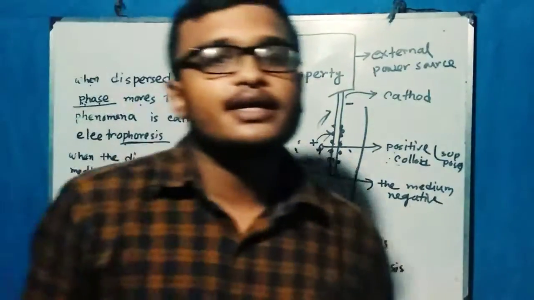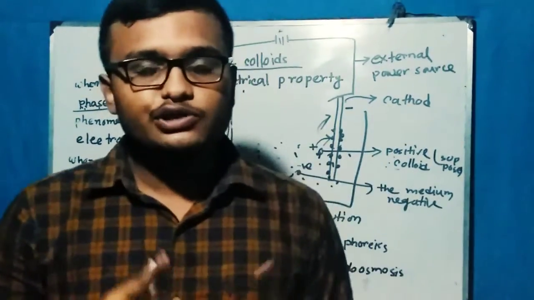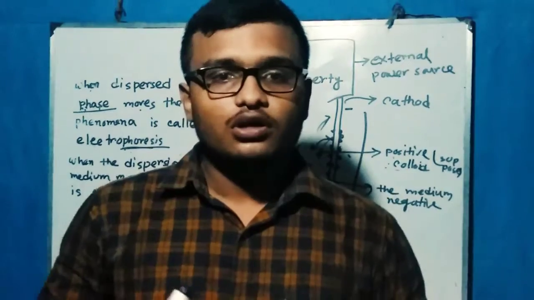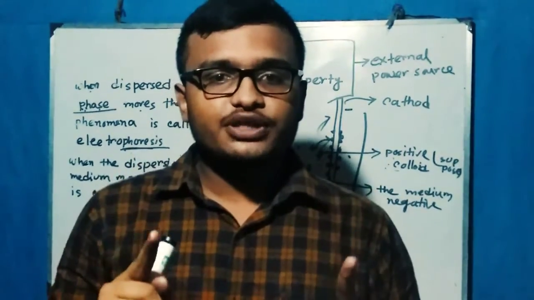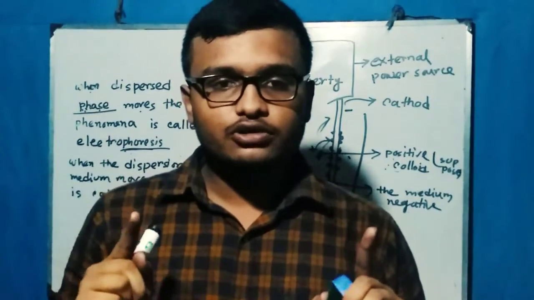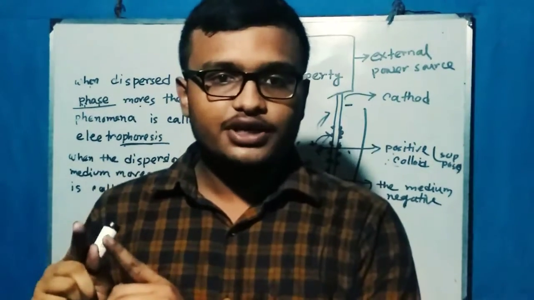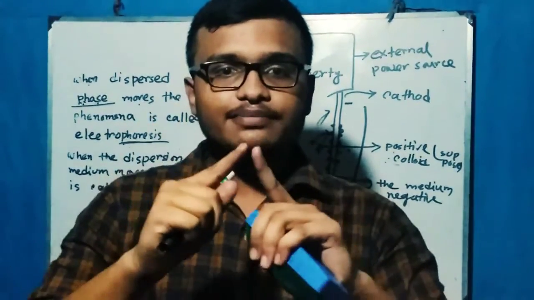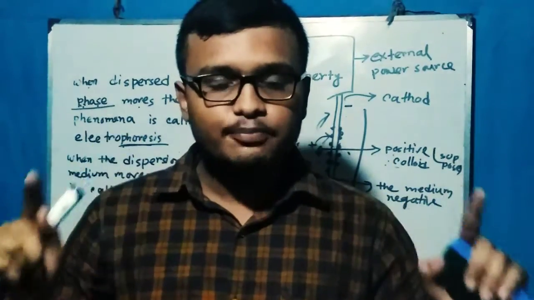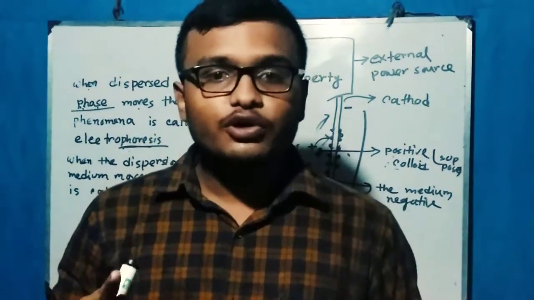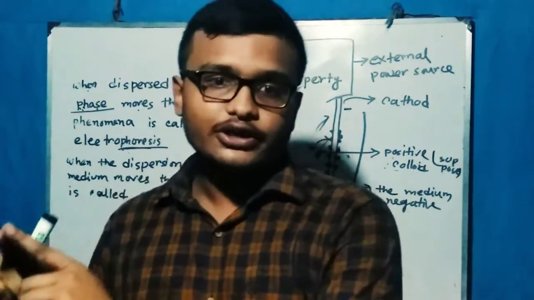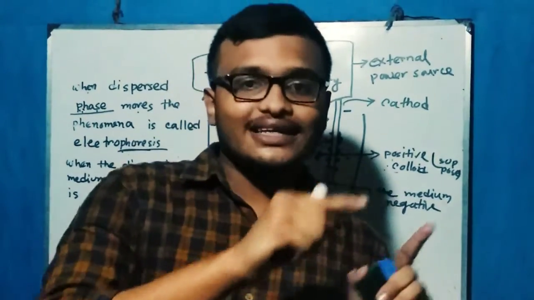So if we summarize the video, we have taken a container. In this container we have taken two electrodes, one positive and one negative. The positive electrode is called anode and the negative electrode is called cathode. We have taken a high voltage source, and there is a potential difference. Due to the potential difference, the dispersed phase will go to one electrode and the dispersed medium will go to the other electrode.